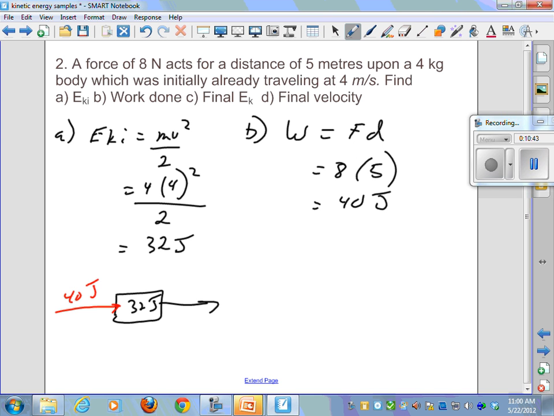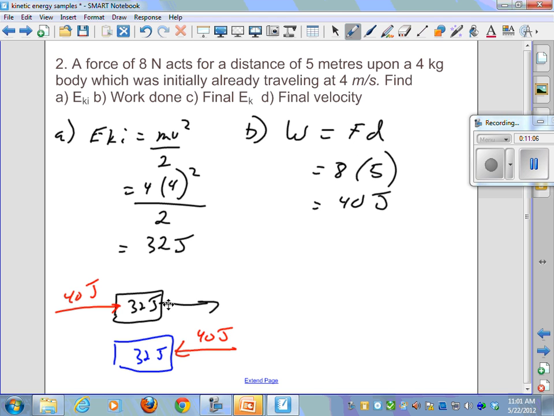How much should it have when it's done? 72, right? But what if it was the other way? What if I've got 32 joules of kinetic energy and I apply 40 joules in the opposite direction? It's going to go 8 joules. And you're right, in fact, it's going to stop and even go backwards a step. So it doesn't actually say. We'll assume, I think in this case, that it's going to be in the same direction.